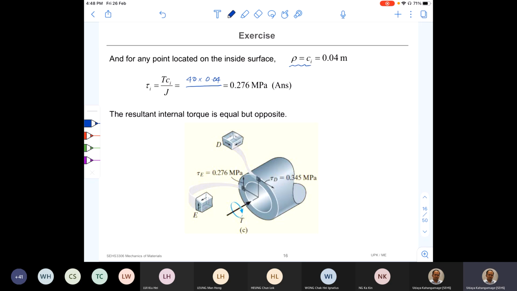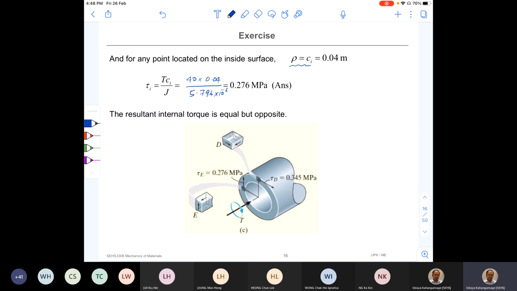Same cross section, right? For the same cross section, J is the same. So J, we just calculated, 5.796 times 10 to the power minus 6. Then you get this answer.